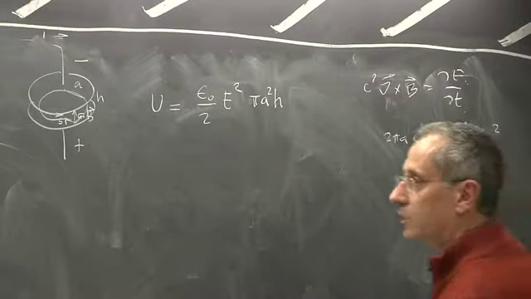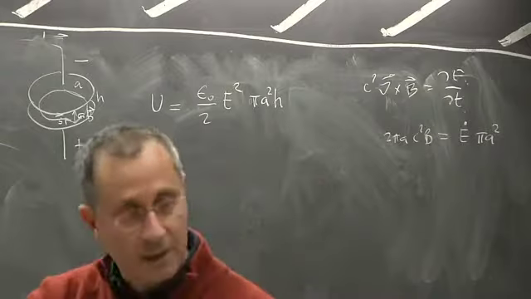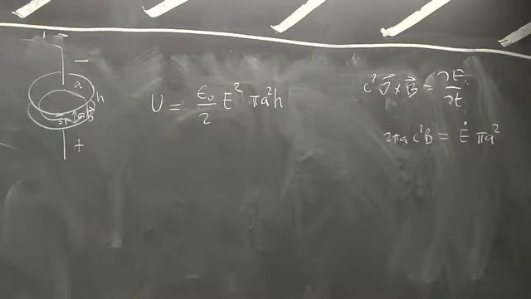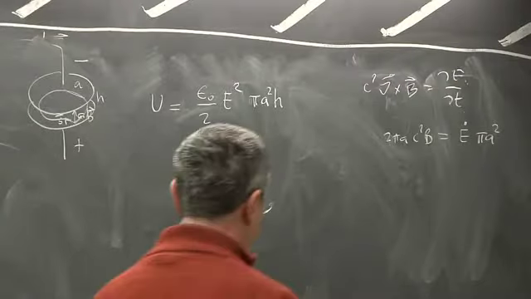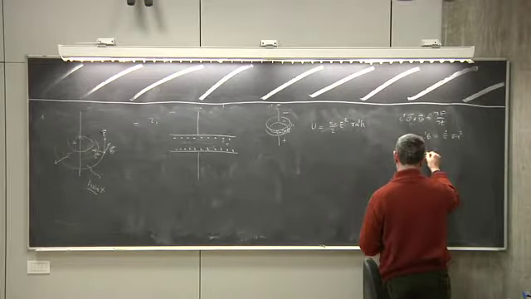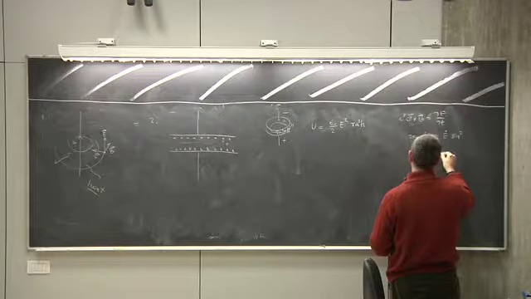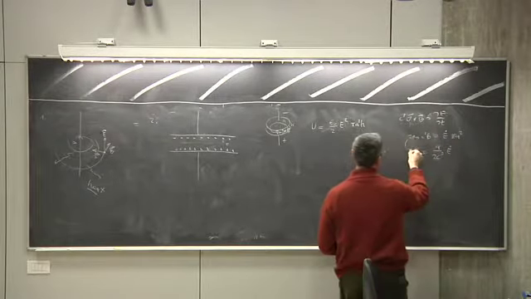But that's it. Not the volume, the surface of my circuit. So you see I have a B field that is going to be a over 2 c squared E dot from here.